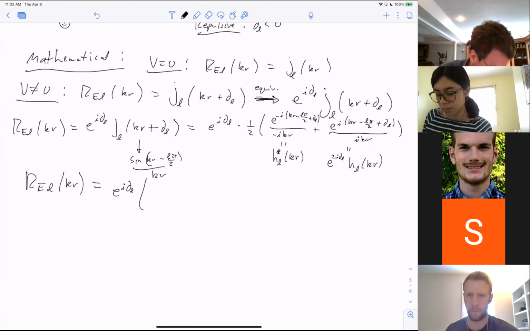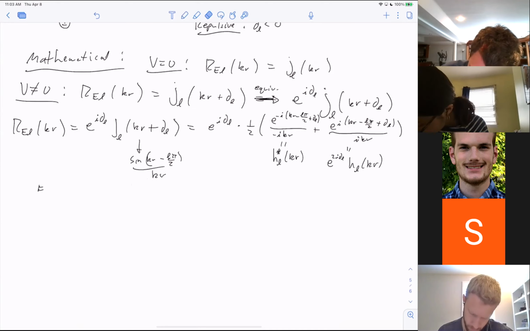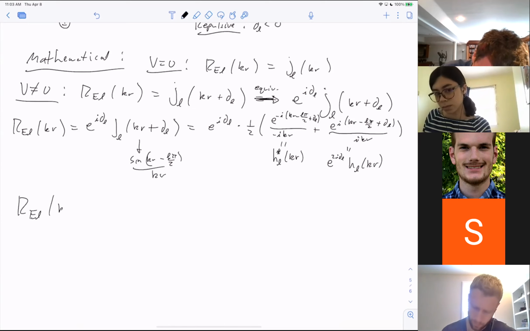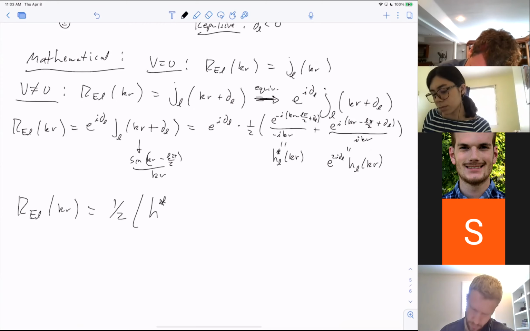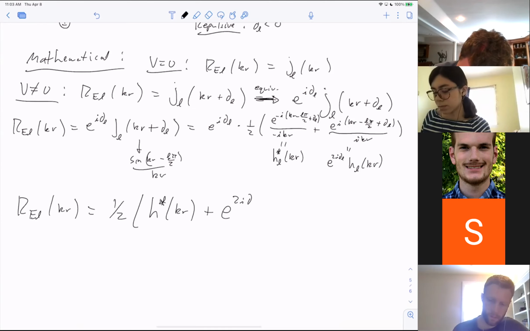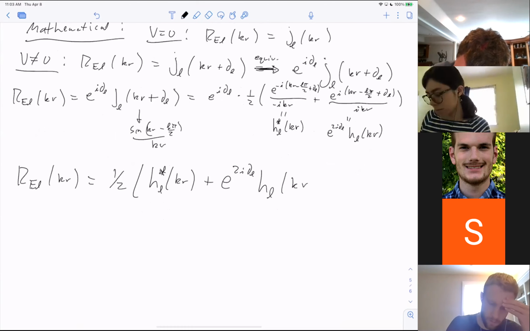So when I do all of this, what we're going to get is that the radial wave function is equal to one half times H star of kr plus e to the 2i delta L H sub L of kr.